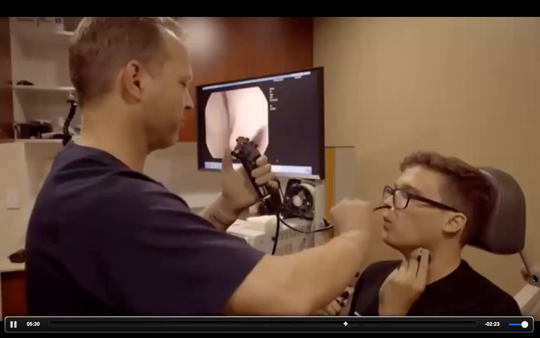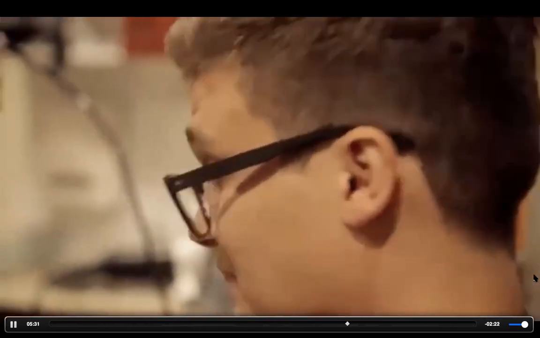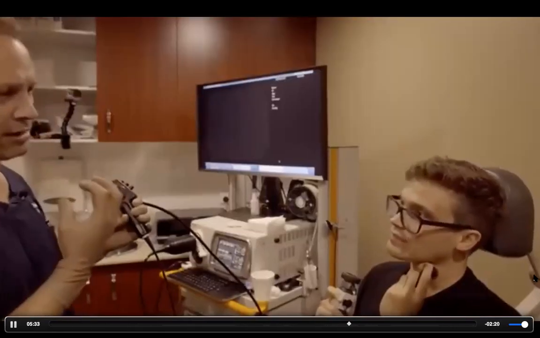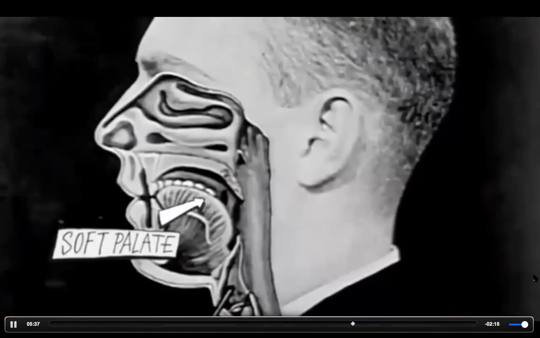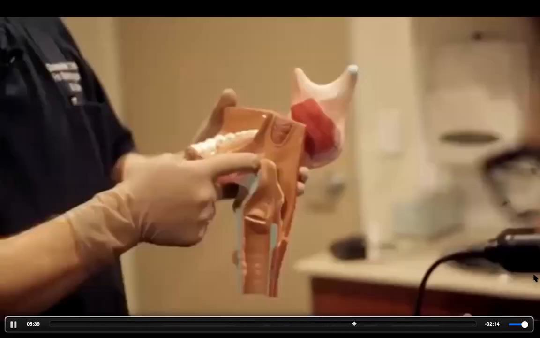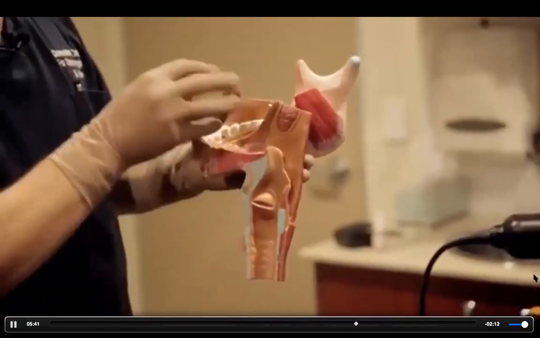So give you a break this moment. Most of what I can see from where the camera tip is placed is it's sitting right at the top of the soft palate. So you can imagine the tongue sitting here.